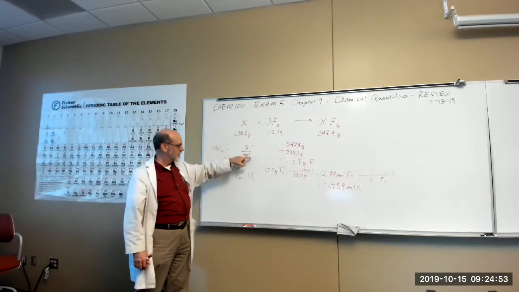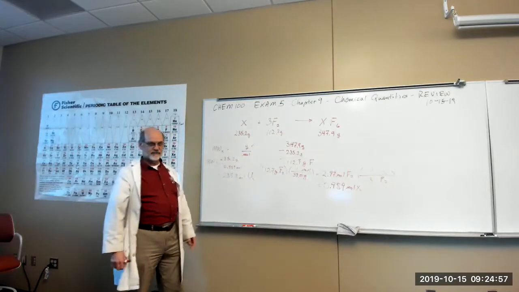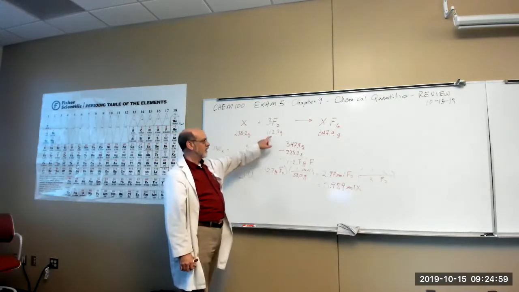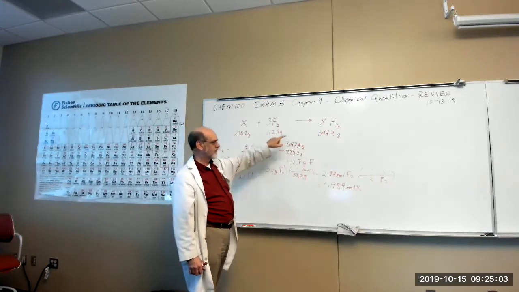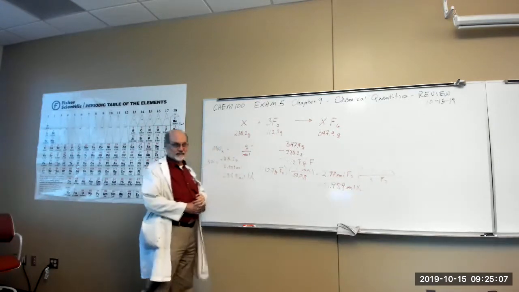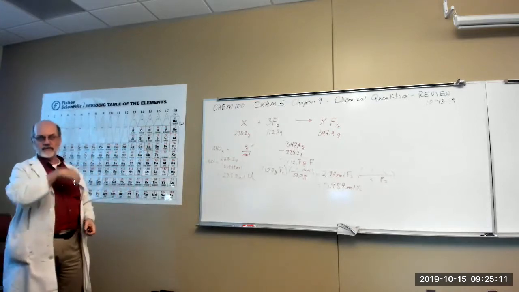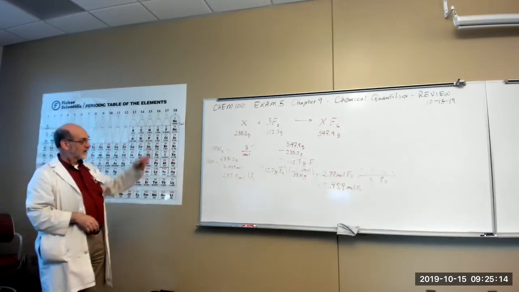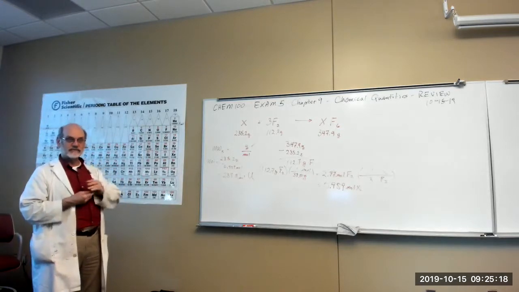You're just on a detective hunt for the moles. So the real trick is remembering conservation of mass. That minus this equals that. And from then on, you just use the stoichiometry of the equation to find out how many moles of X there are. Okay?